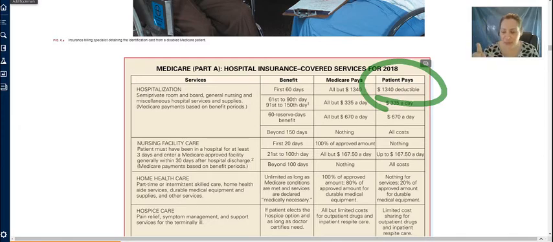But the bad part about that benefit period is that you can easily hit that 60-day mark. Now, they don't count the days you're at home. So they count the day you're admitted, however many days you're there, and then they stop counting. And then they continue counting when you come back. And then they stop counting. Keep counting.